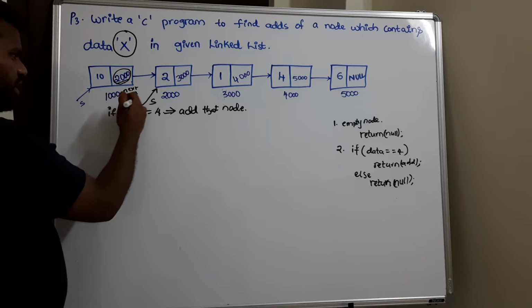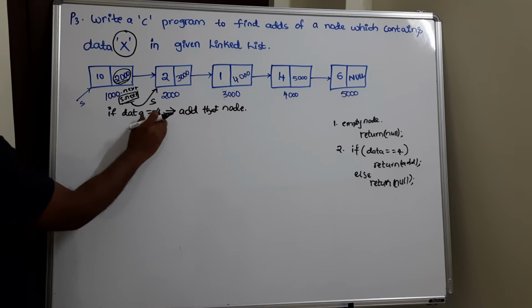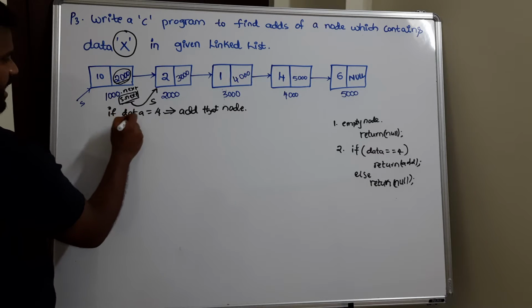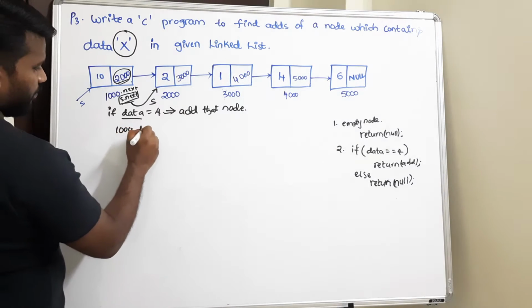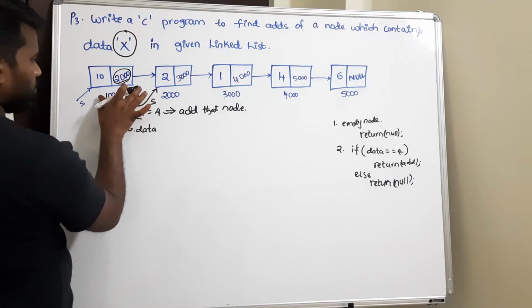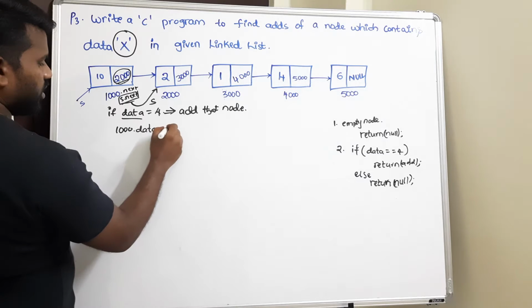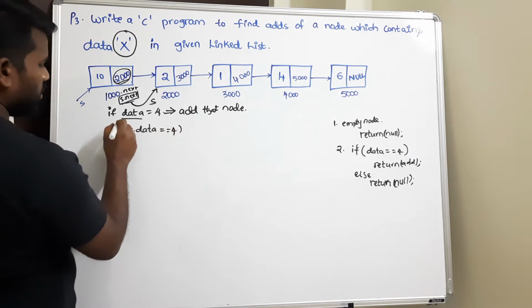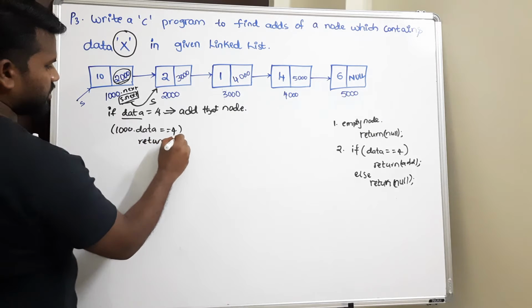Before I move to here, I will check one more thing. What I need to check? Data 4. How can we access data? That is 1000 dot data. s next is not equal to null, then I come inside, if data equal to 4, then I will return s.